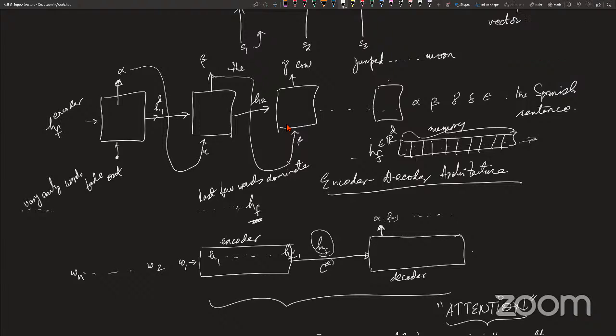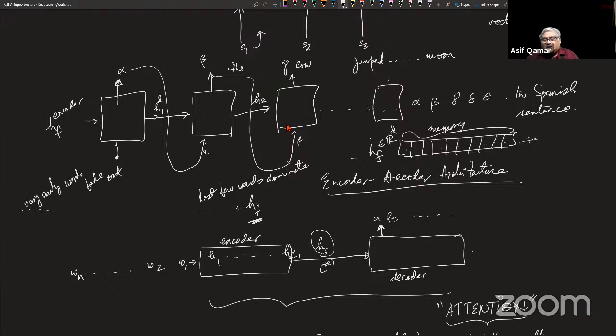So given that, when we are decoding, why just take H final, the final thought vector? Why not feed in, in some clever way, all of these context vectors, and learn which context vectors are more important than others?